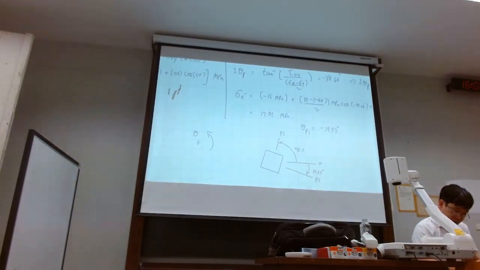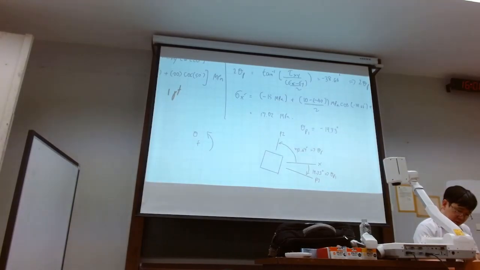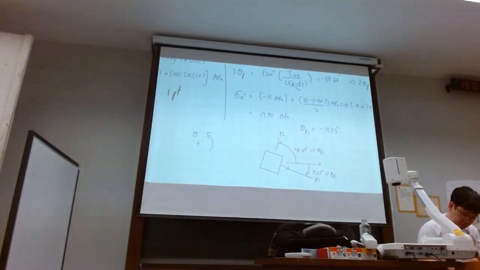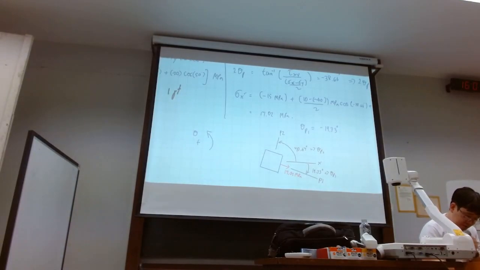And that's 70.67 degrees. And again, this is your theta P1, this is going to be your theta P2. It means that over here, this is your 17.02 MPa.